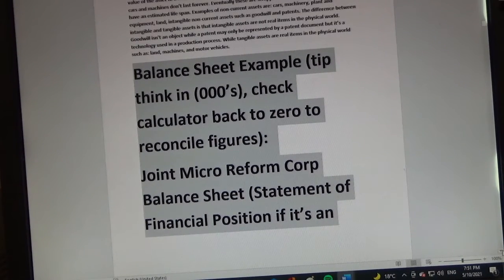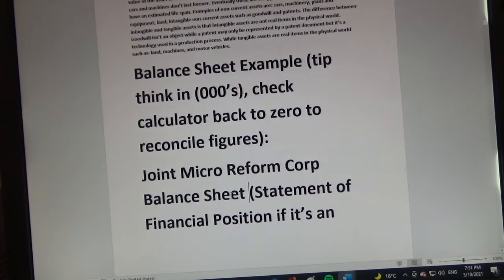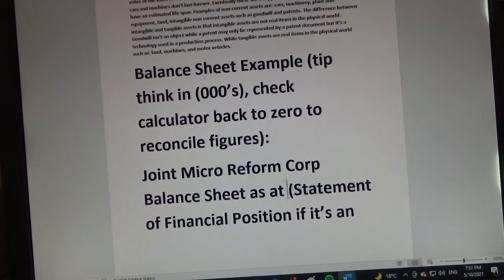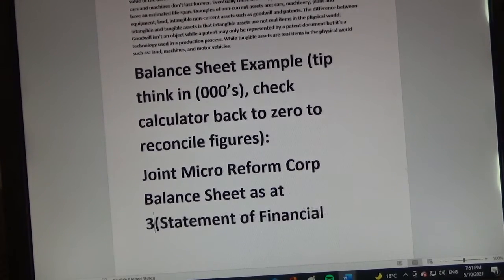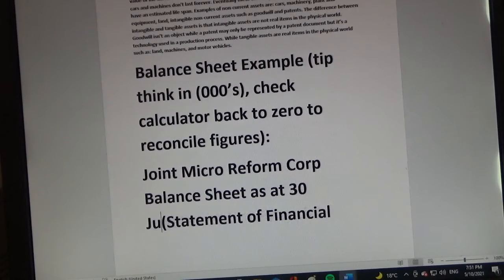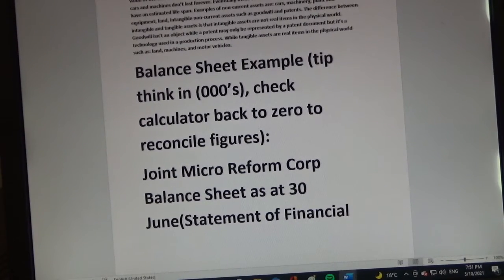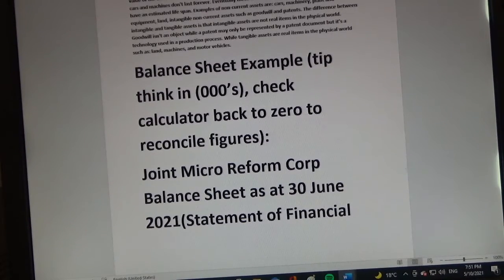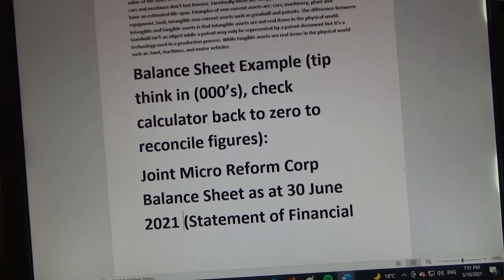So the name of this balance sheet is Joint Micro Reform Corp balance sheet, as at 30th of June 2021, say, and that is the balance day in Australia, the end of the financial year.